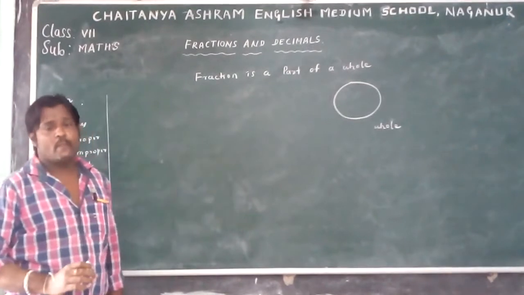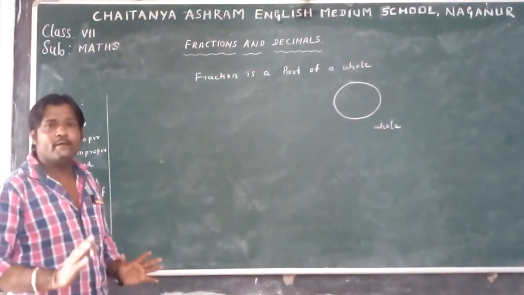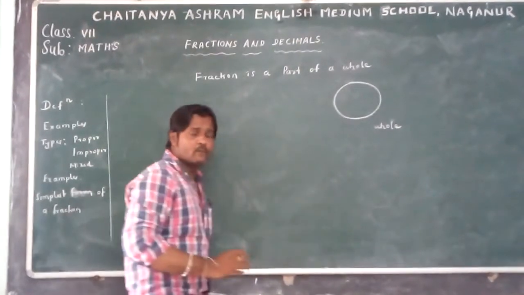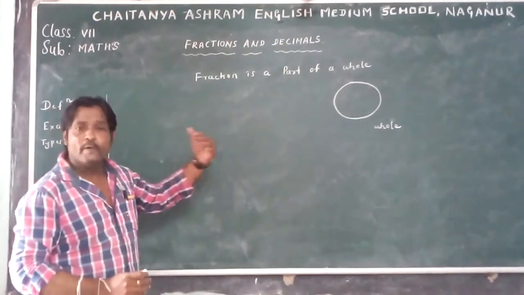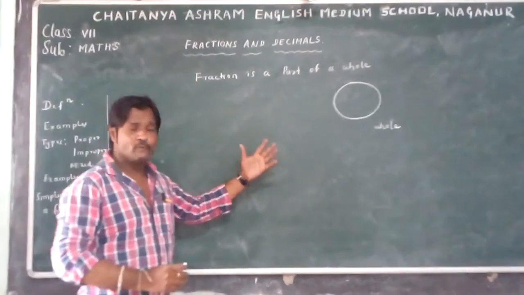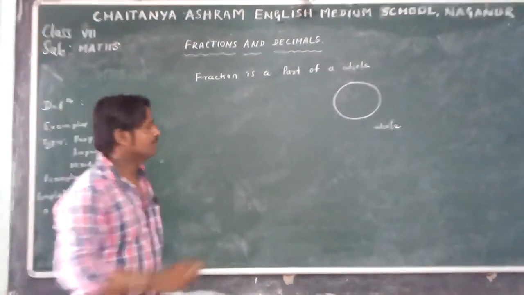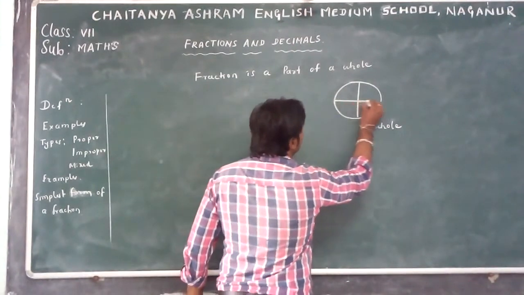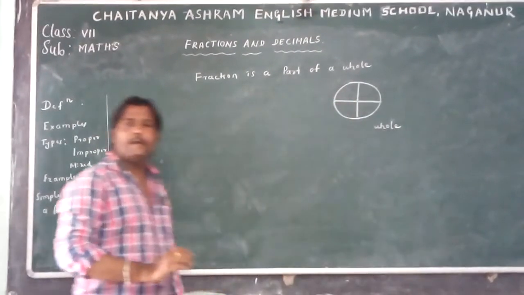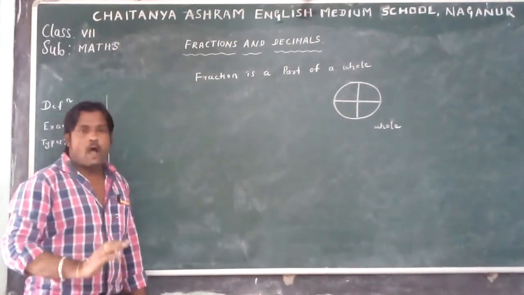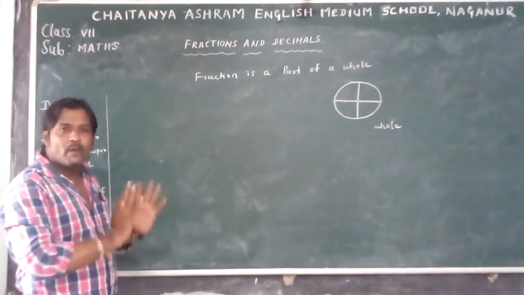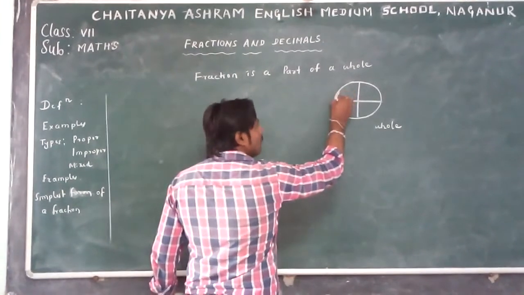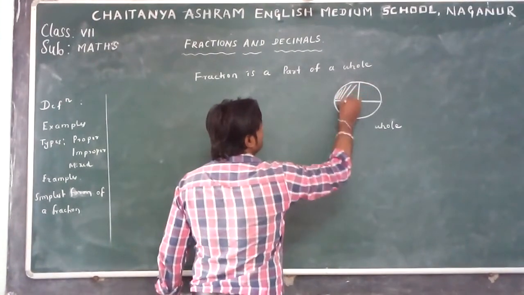In this circle, I divide this circle into 4 equal parts. Next, out of 4 equal parts, I shade one part of it.